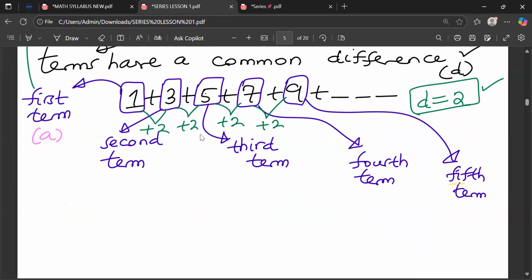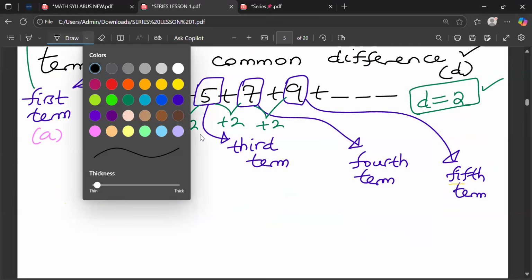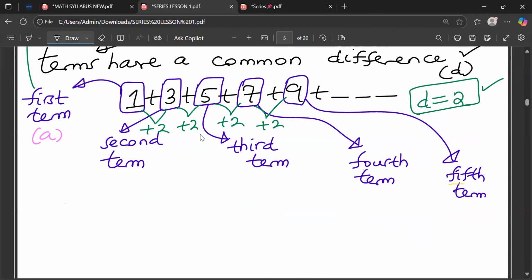Now, I don't know if people can realize that for us to get the second term, we got the A and added the common difference, isn't it? Because our common difference is a 2, and our first term is 1. For us to get the second term, which is a 3, we got our first term A and added our common difference D, which is a 2, to come up with a 3.